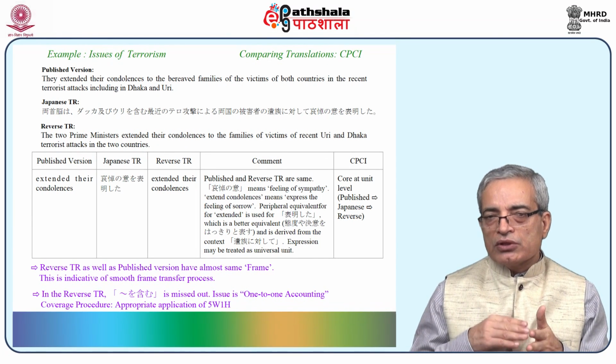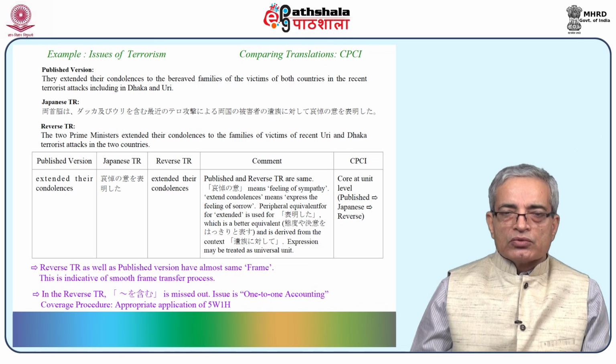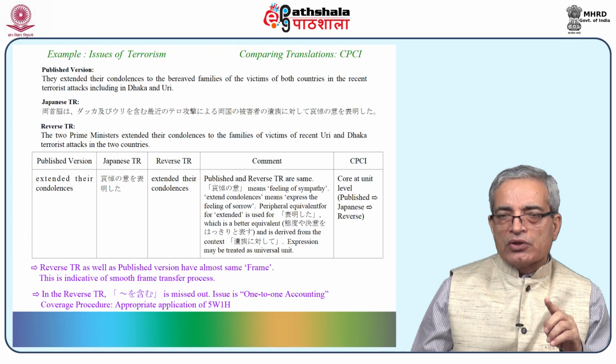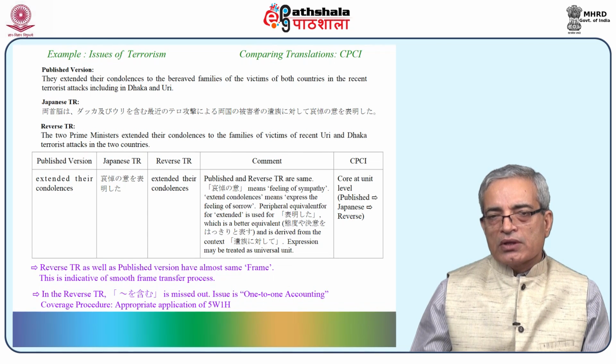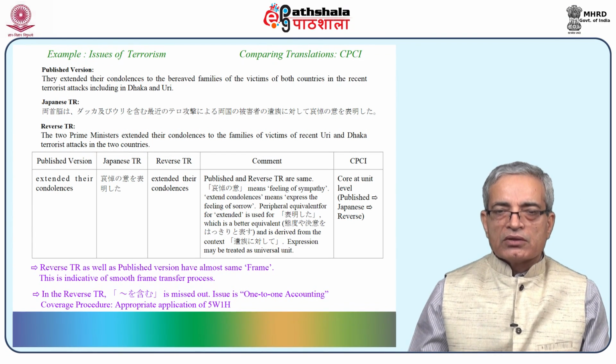This means Aito no ii means feeling of sympathy. Extend condolences means express the feeling of sorrow. So equivalent is peripheral. For extended, hyomeshita is used, which is a better equivalent as compared to taidoya ketsuyo hakiri, as it means taidoya ketsuyo hakiri to arawasu, and is derived from the context.